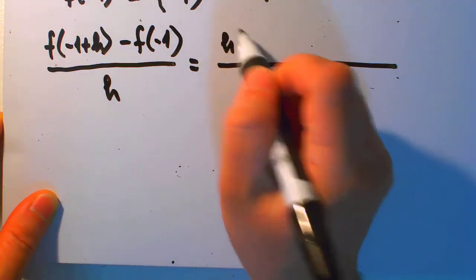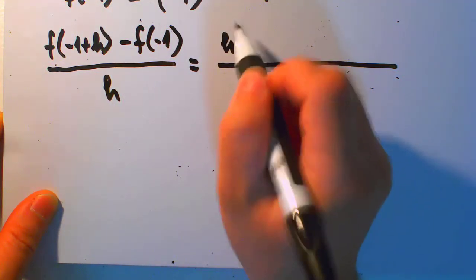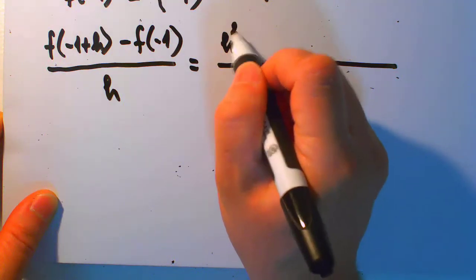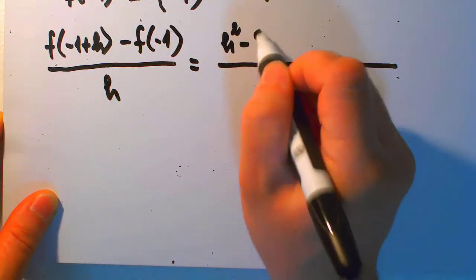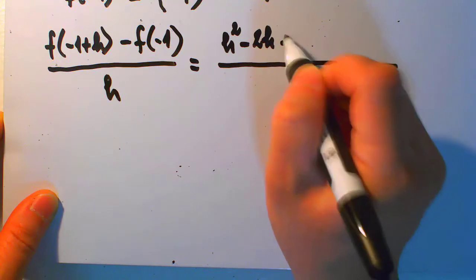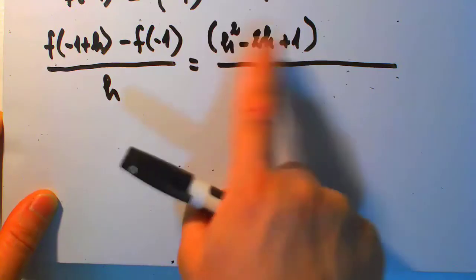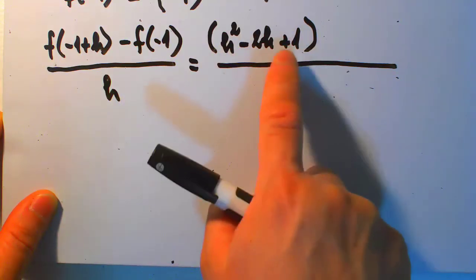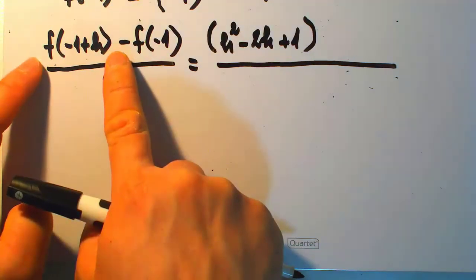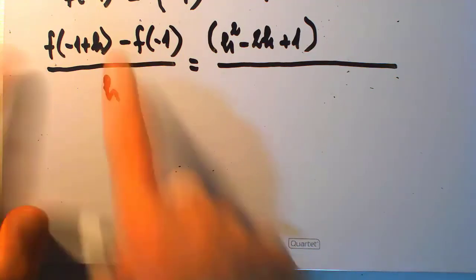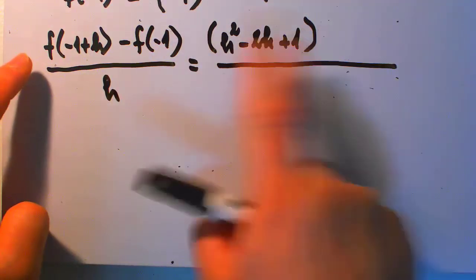So my first group becomes h squared minus 2h plus 1 in parentheses. It's just indicating that we're substituting this long expression for all of f of negative 1 plus h. So the output for that is all here.